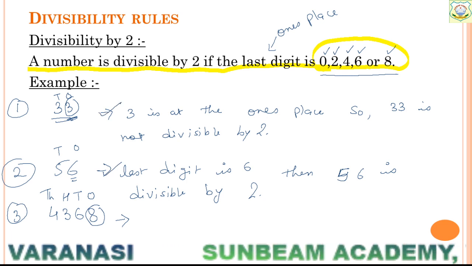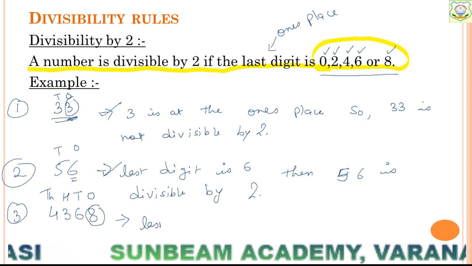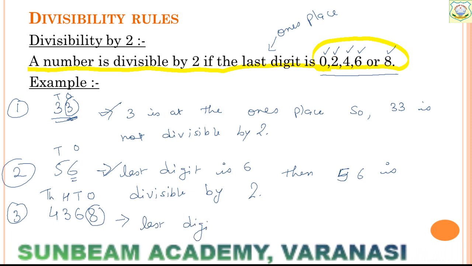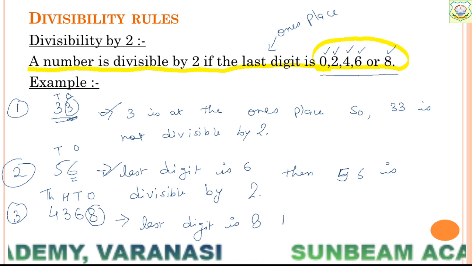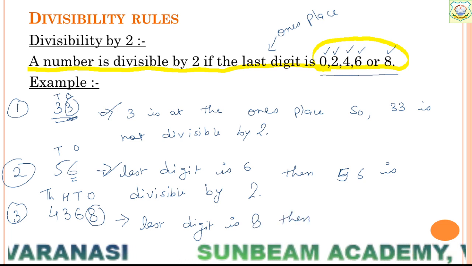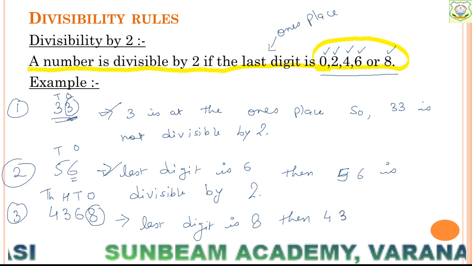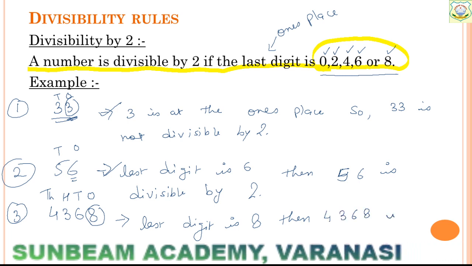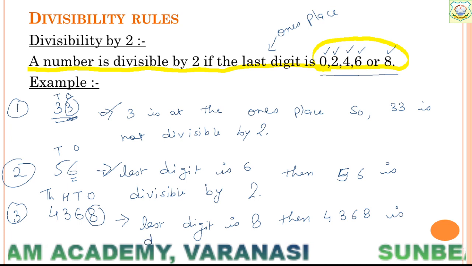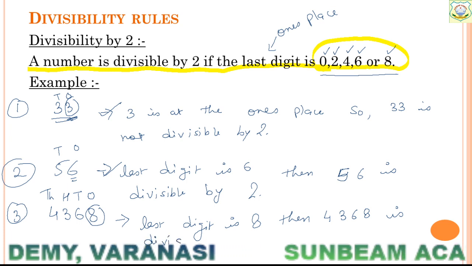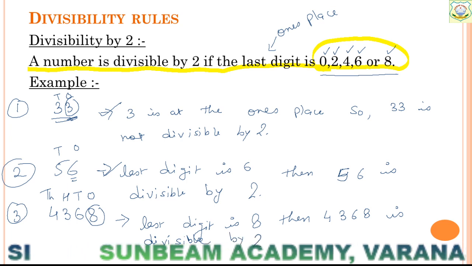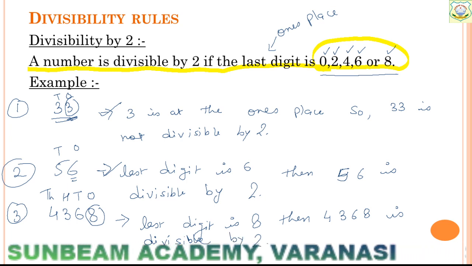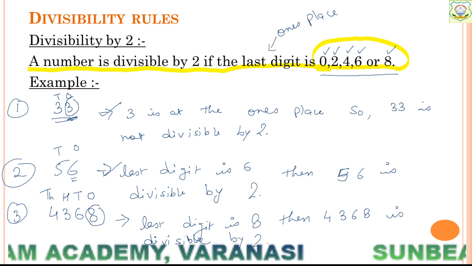So the last digit is 8, then 4368 is divisible by 2. Got it? I hope this rule is clear to you.